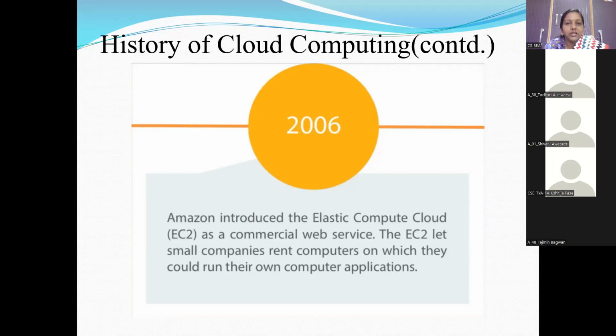So running their own computer application means you have shared memory. Suppose I have a machine with very little storage, say 50 GBs, and my friend also has 50 GBs.